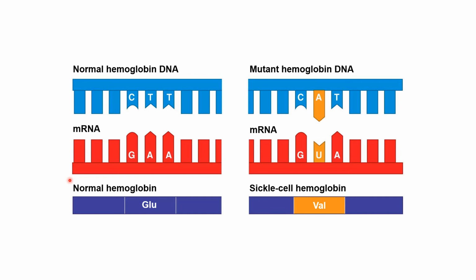Now, if someone goes through a mutation and the DNA sequence of their hemoglobin gene gets mutated, and you can see that it's a substitution type of mutation, that change in the DNA sequence is going to result in a change within the messenger RNA sequence, which is going to result in a change in the amino acid chain. When someone goes through this type of mutation right there, this could result in a type of disorder known as sickle cell anemia, where those individuals are going to have a hard time transporting oxygen.